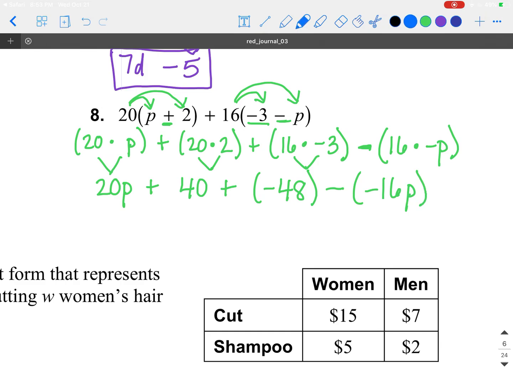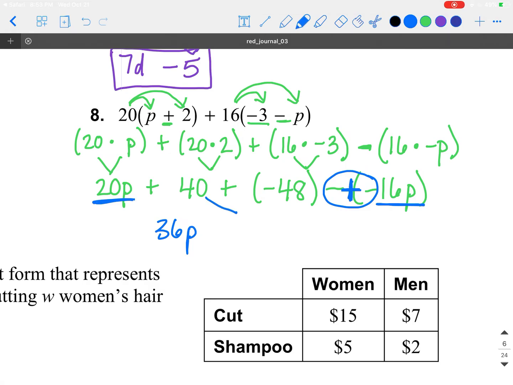Okay, so the first thing I'm going to want to do, remember this from integers, is I see a double negative, that's going to have to turn into a plus. And then after that, I'm just going to combine like terms. I have 16p and 20p. Those are both positive. 20 plus 16 would give me 36p.